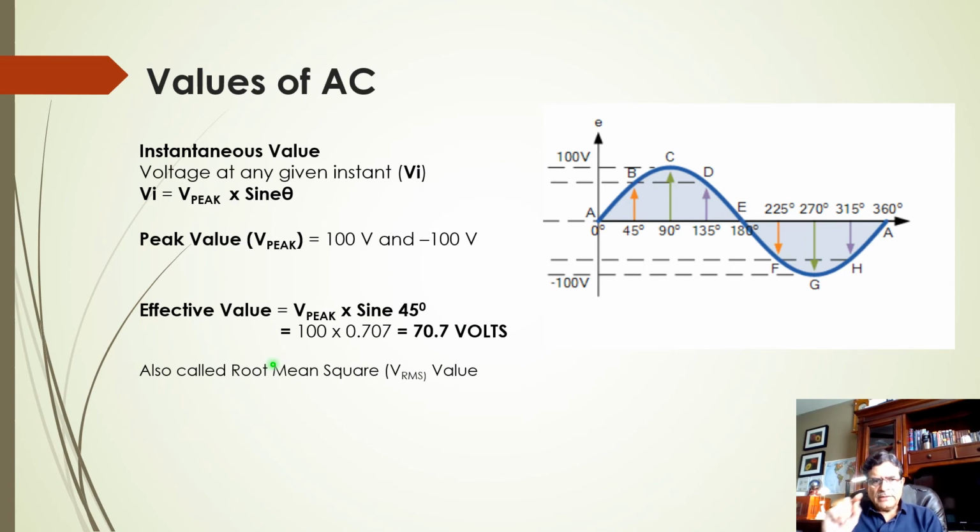Remember, this effective value is also called root mean square, RMS value, and in another video we will talk about that. And this RMS value, which is 70.7 volt, is equal to the DC value, which is 70.7 volt.